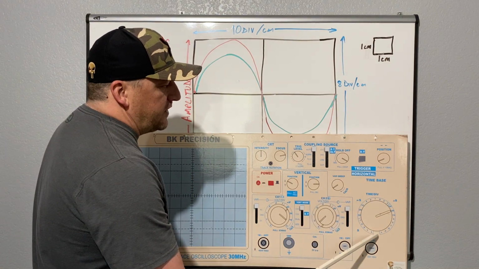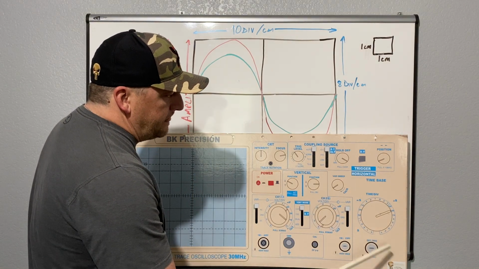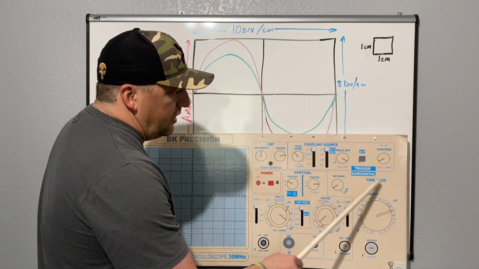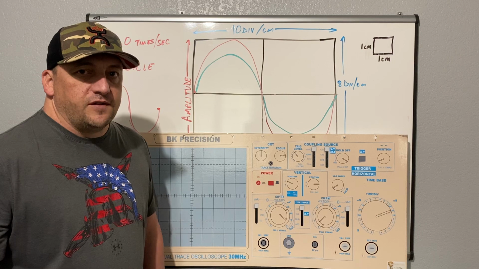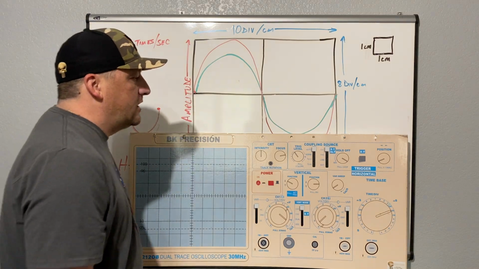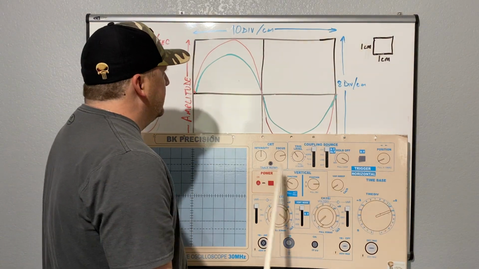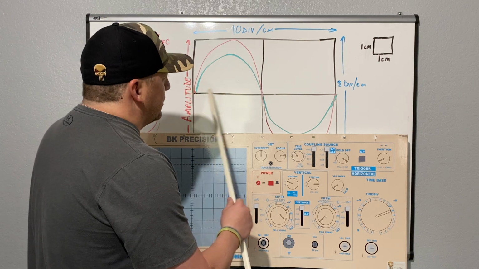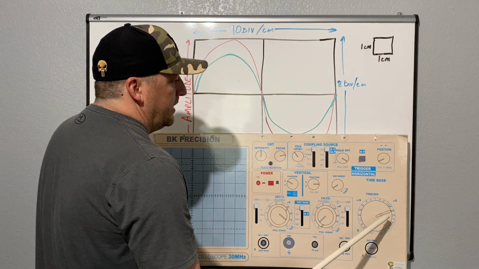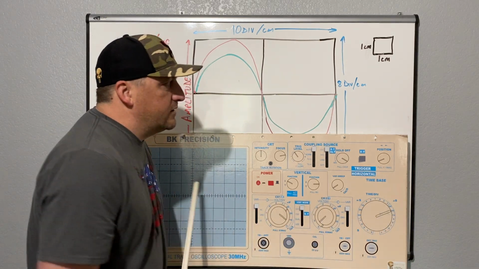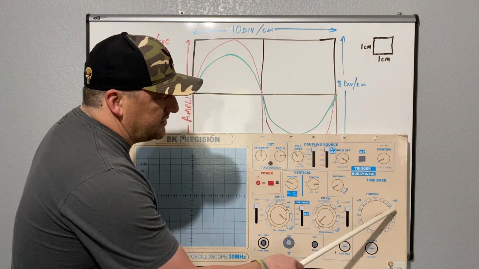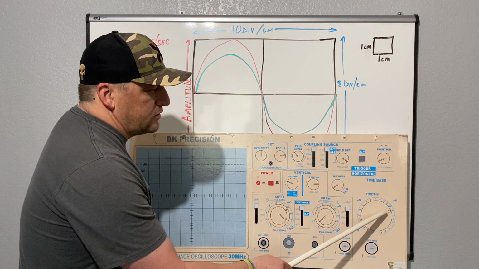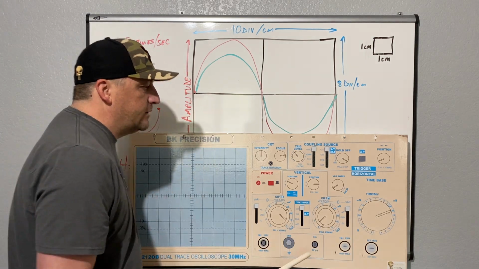And you've got everything from 2 seconds over to 0.1 microseconds per division. Well, this one's set to 20, so we'll just say it's at 20 microseconds per division.